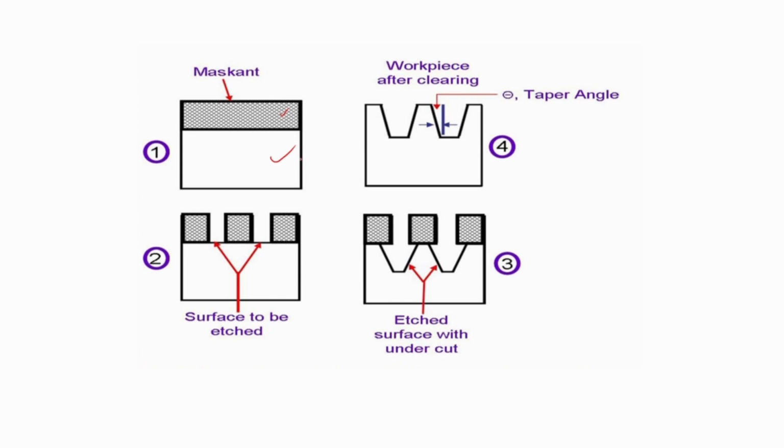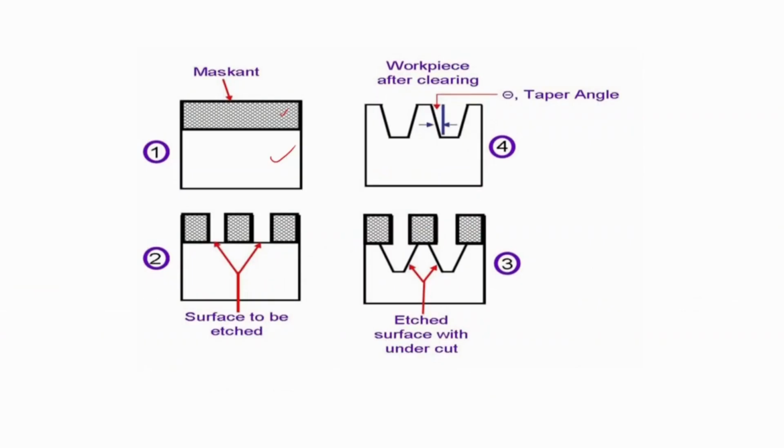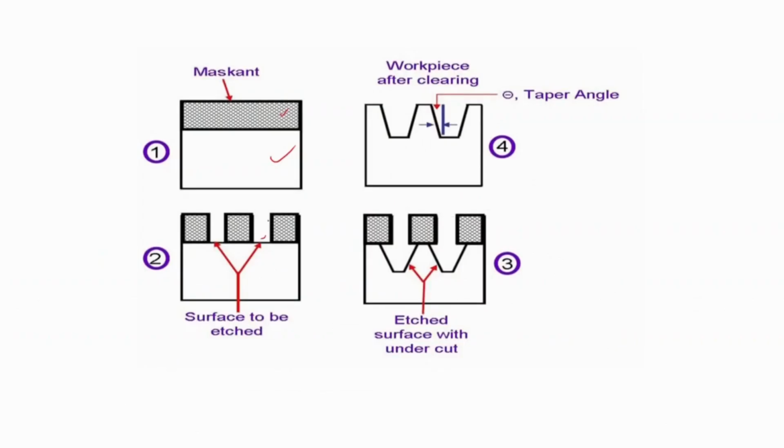After that, from some selective areas, this maskant is scraped or removed. So that area of the workpiece material is exposed for machining purposes. These are the areas which are exposed where the maskant layer is removed.